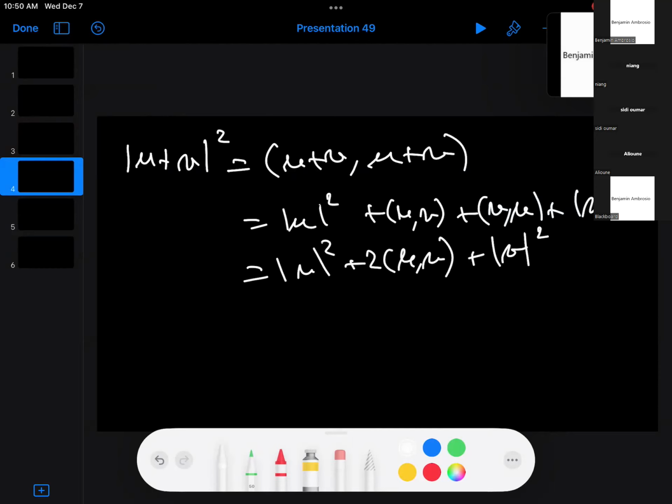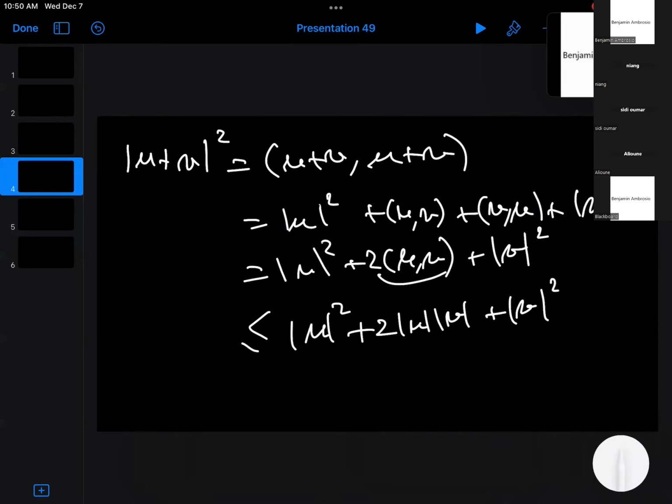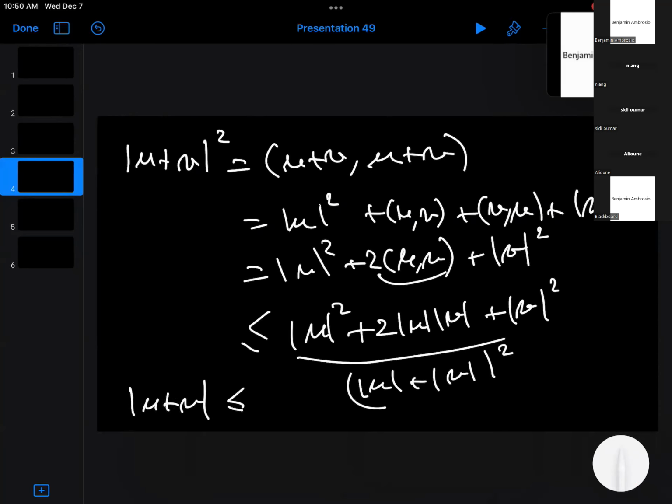And now here I apply the Cauchy-Schwarz inequality, and I obtain that this is less than 2uv plus v square. So finally, I obtain my result because this is u plus v square. So taking the square roots, we obtain u plus v is less than u plus v.